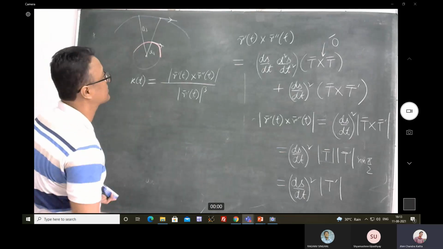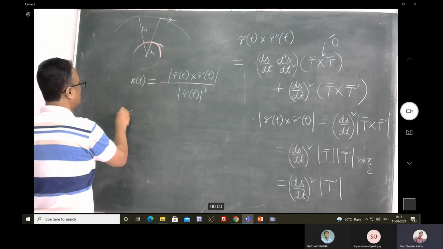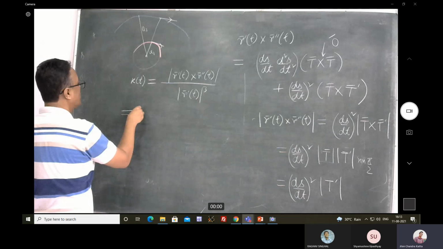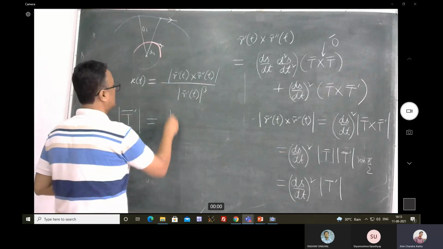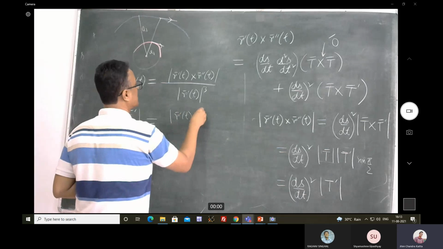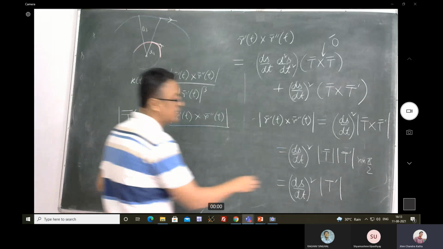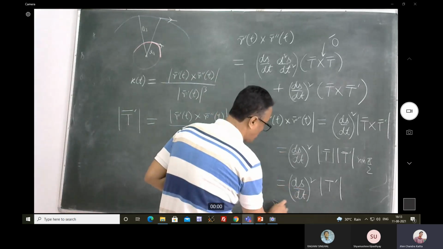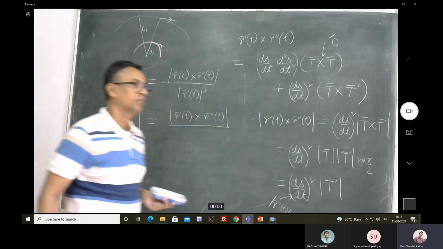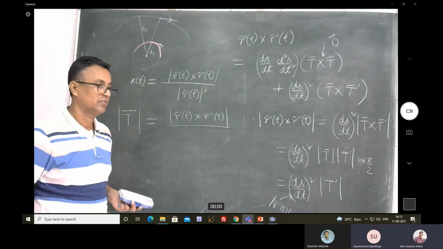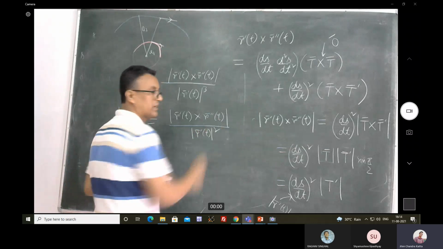So that means mod of T prime is equal to mod of r prime t cross r double prime t divided by, and again remember ds dt is simply mod of r prime t, isn't it? Yes. So that is why this is going to be mod of r prime t whole square, right?